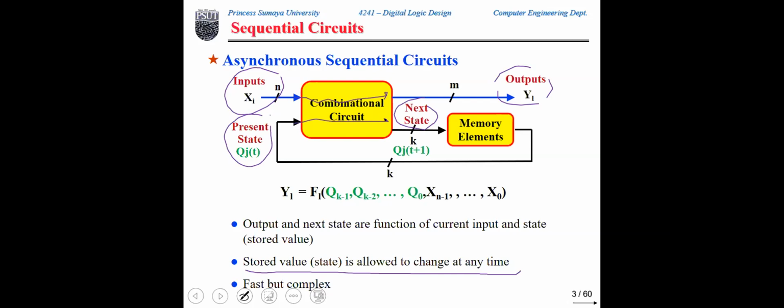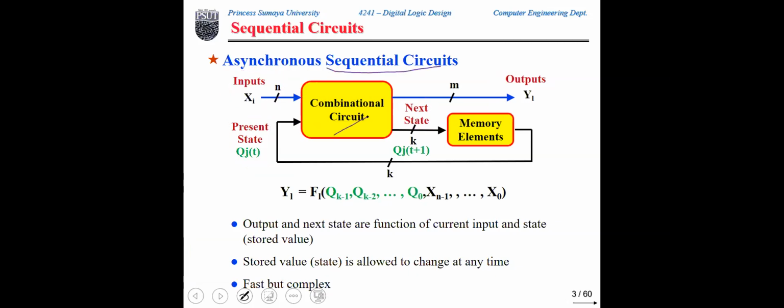So this is one type of sequential logic circuit, which are circuits that contain combinational and memory components. They allow the stored value to change as soon as the input changes. So they are fast. They don't need to wait for anything. As soon as the input changes, the output and the stored value are changed.